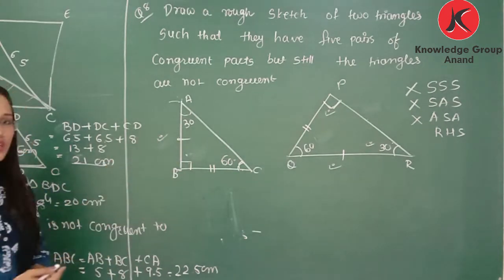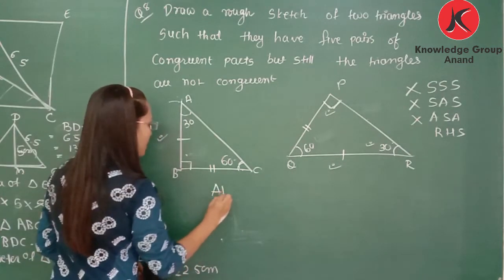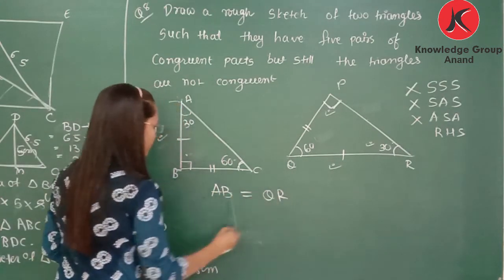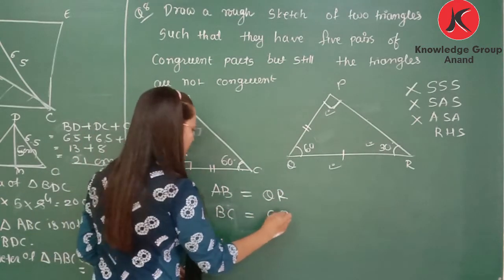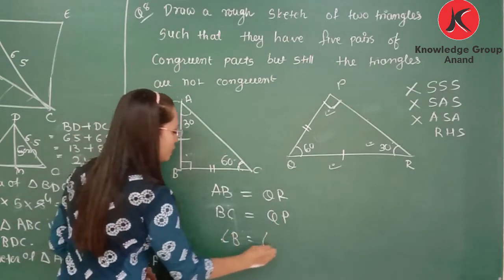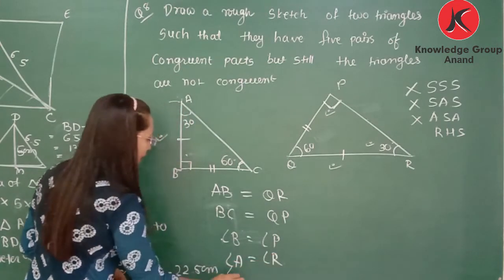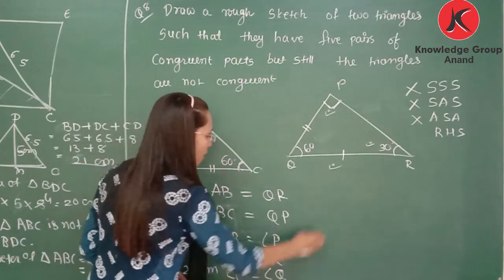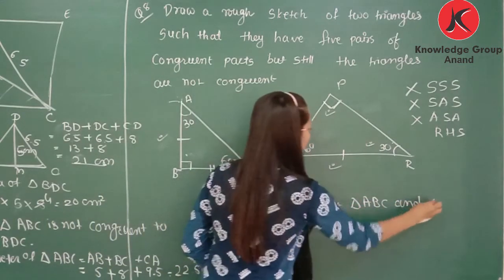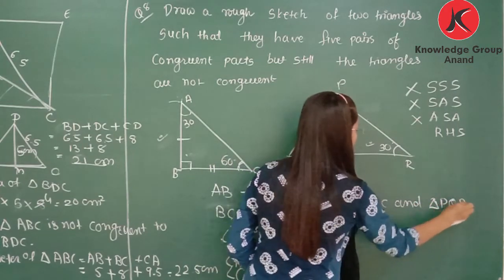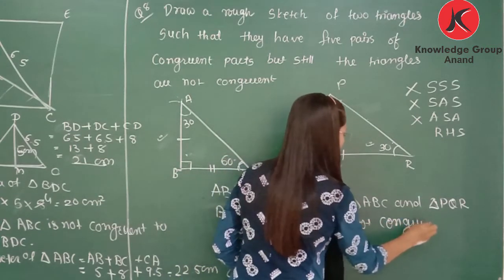So we draw this figure in which 5 pairs are equal. Which 5 pairs? AB is equal to QR, BC is equal to QP, angle B is equal to angle P, that is 90 degree, angle A is equal to angle R, and angle C is equal to angle Q, but triangle ABC and triangle PQR are not congruent.